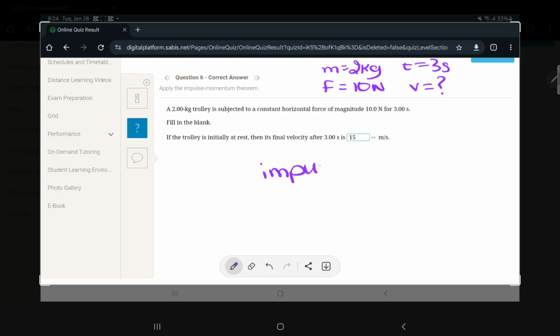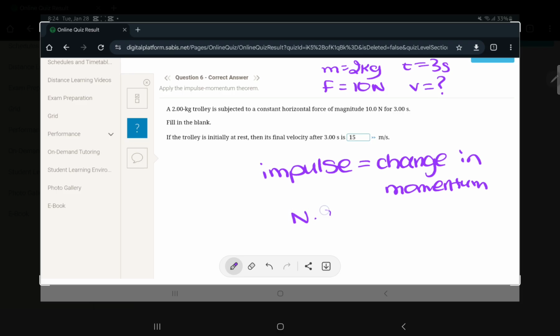What is the meaning of impulse? Impulse means the change in momentum. What is the unit for impulse?